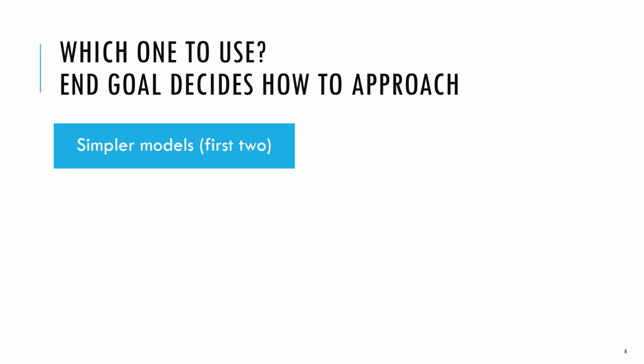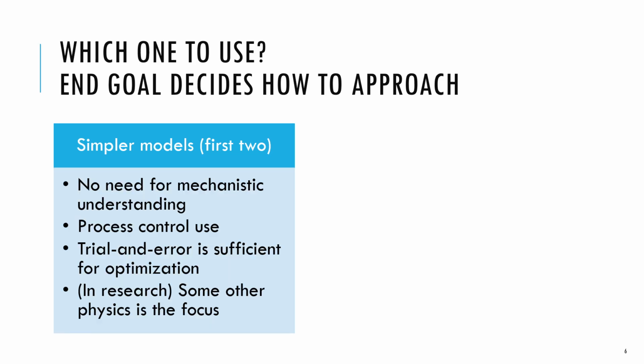The simpler models of the first two of the three that we discussed, the lumped parameter model and the diffusion model with constant parameters and so on, are okay when there is no need for mechanistic understanding, when the model is going to be used for just process control purpose, and sometimes even trial and error is sufficient for optimization. So we don't need to understand all of the physics for the optimization.